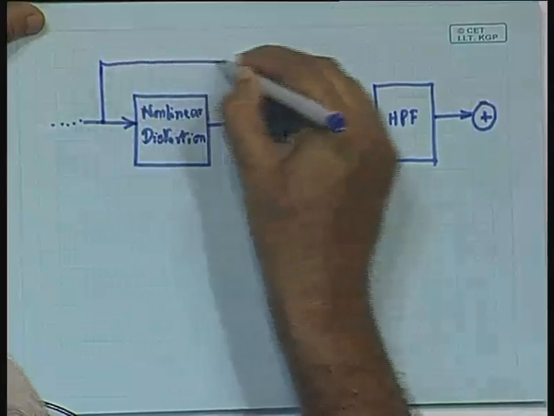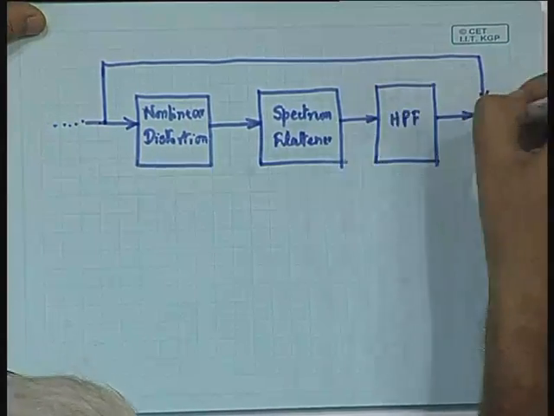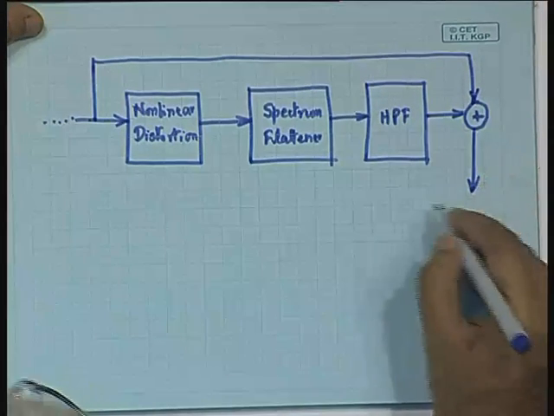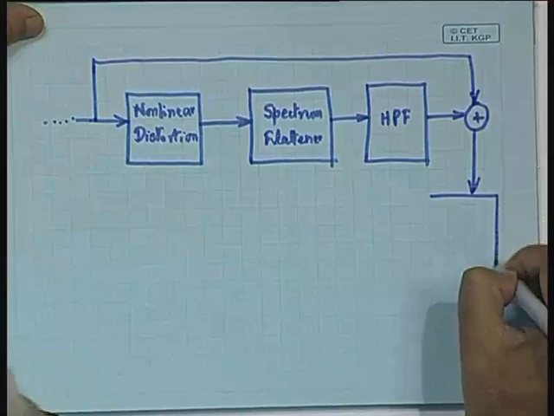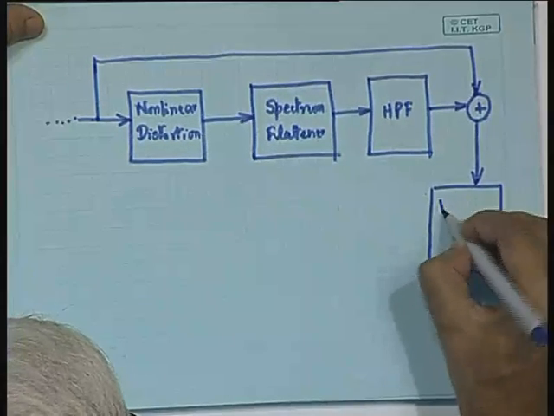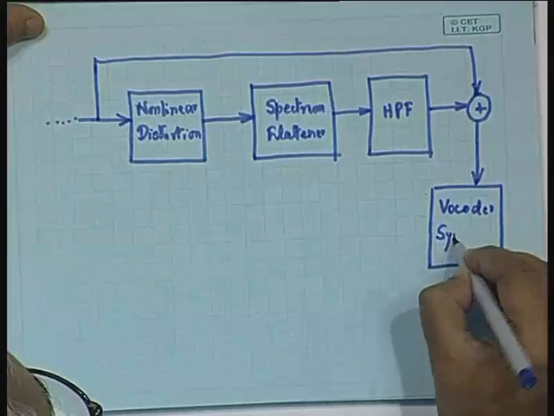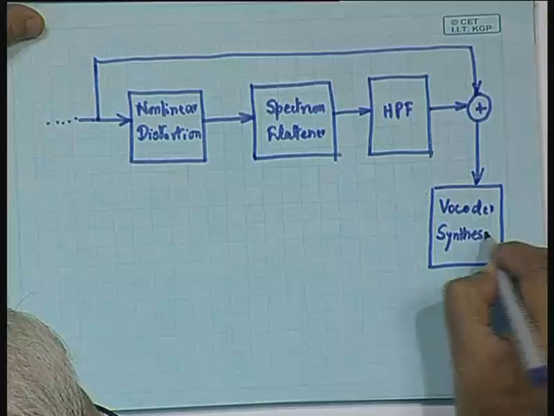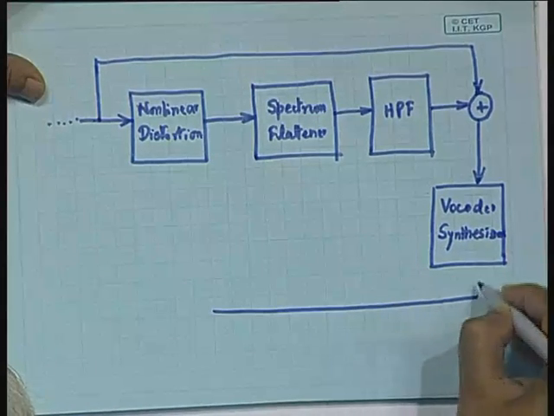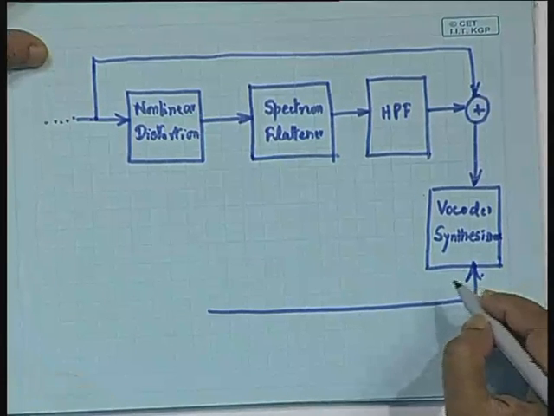This added signal goes to the vocoder synthesizer block, which also receives input from the vocoder analysis.